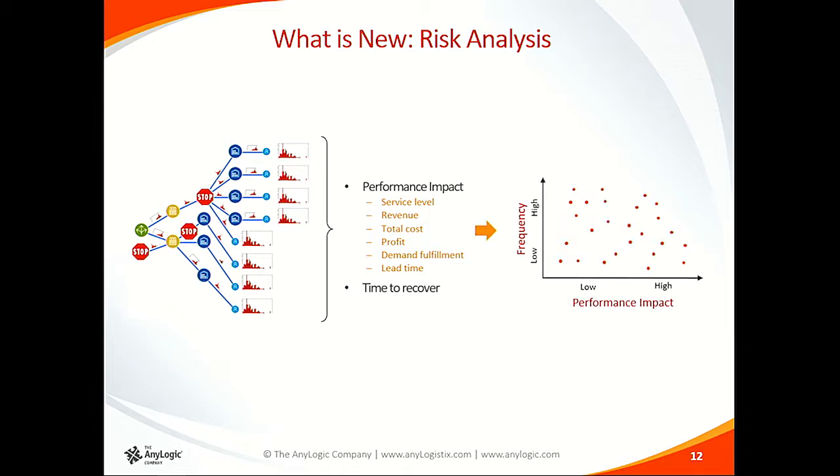Then we use that data to analyze the risk we have in our supply chain system. It can be operational risk like the bullwhip effect, for example, or disruption risk like the ripple effect.